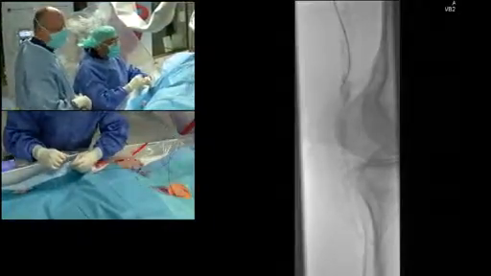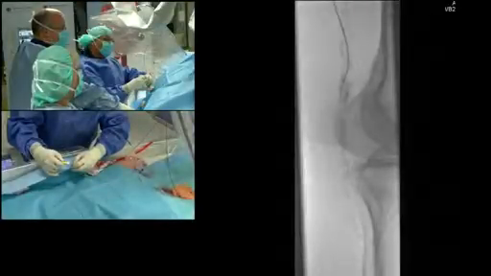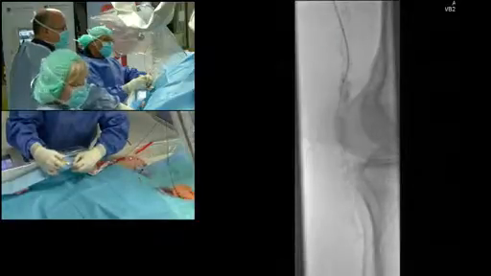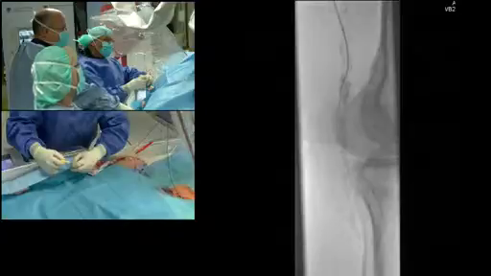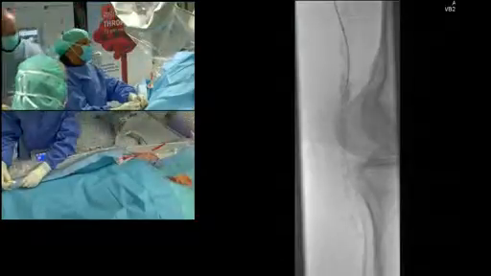Have the torque, please. Okay. Can we have the reference imaging on the other side?